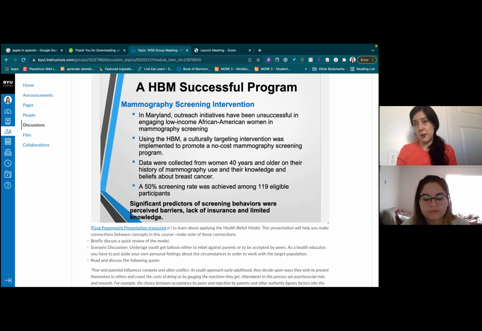But if they are told that the mammography is going to be free, and that they are part of a race that is at more risk, because African American women are at more risk than white women, they could say, okay, my barriers are lower because now I don't need the money to have a mammography done.